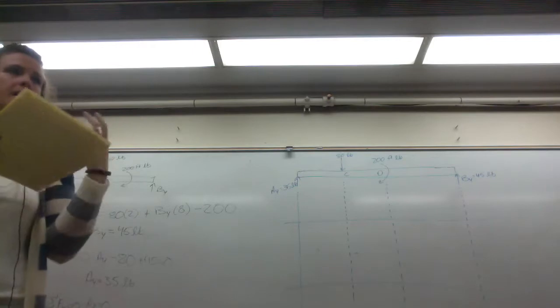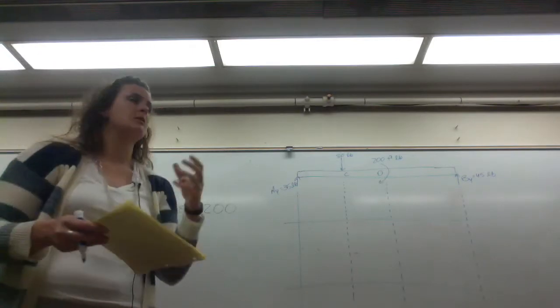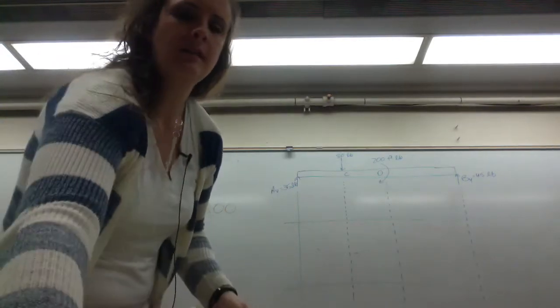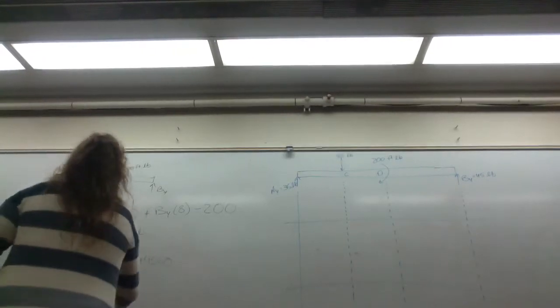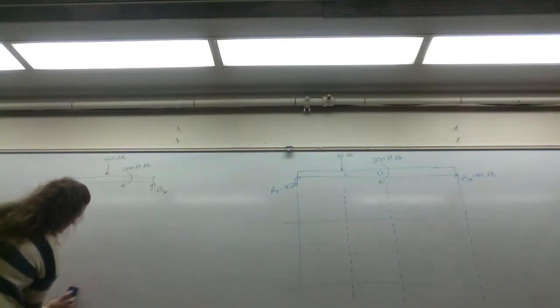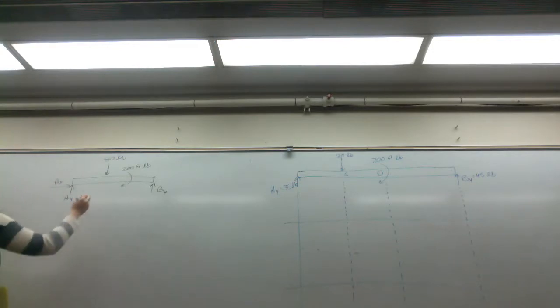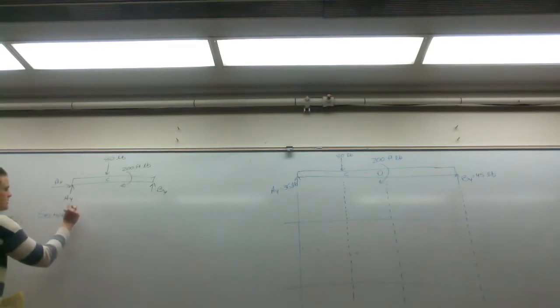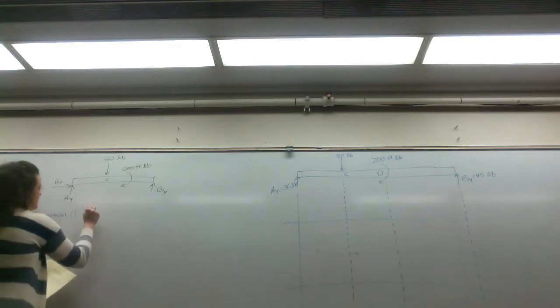Okay, and so our methods now are the same. We make a cut in these sections, all right? And so this first section, between A and C, I'll call section 1. Okay.